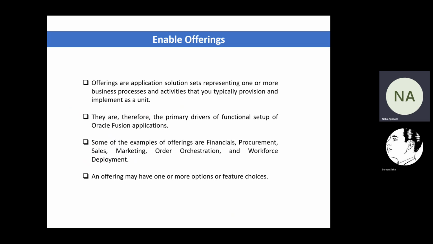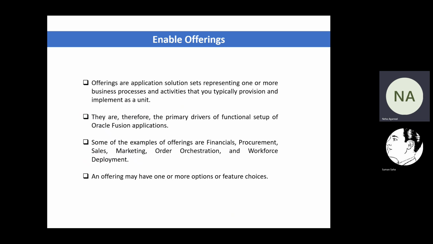So beginning with our session for today, we will enable the offerings for FAH. What are the offerings? The offerings are application solution sets representing one or more business processes and activities that you typically provision or implement as a unit.